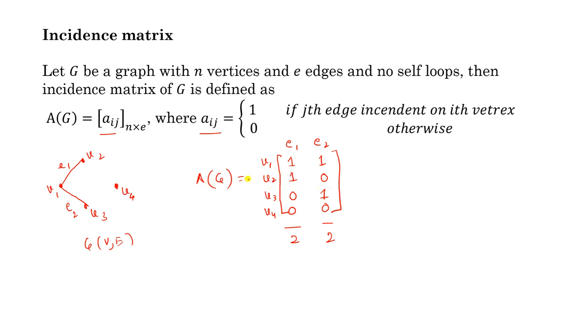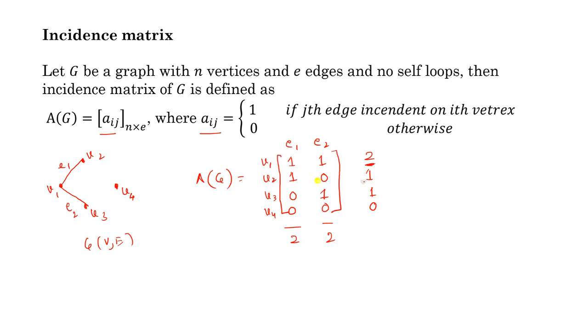One other characteristic: if you find the sum of the rows, the sum of this first row is 2. This is 1, this is 1, this is 0. What is the meaning of this 2? The degree of this vertex V1 is 2. So the sum of the entries of a row gives the degree of the corresponding vertex.